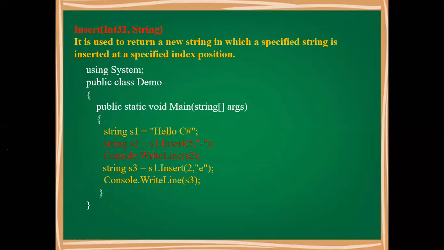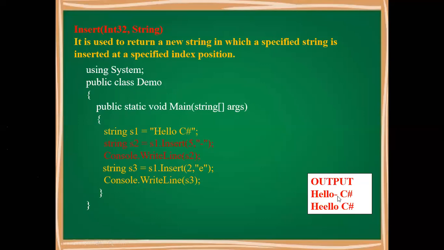So one thing you have to remember here, we are inserting something means we are adding something, we are not removing something. So that means existing string में जो भी value है वो as it is रहेगा, plus आप लोग जो insert कर रहे हो function का use करके, वो चीज उस particular position पे add होगा, कुछ भी remove नहीं हो रहा है. Let us check the output. You can see that Hello and fifth position पे आया है dash, फिर उसके बाद में space आया है.